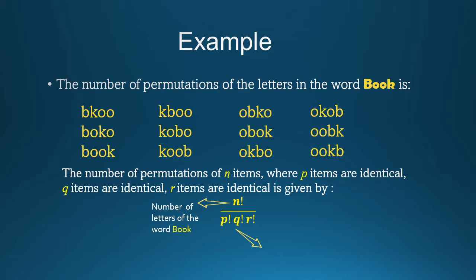P, Q, R: P represents how many times B is repeated, Q how many times O is repeated, and R how many times K is repeated. Therefore, plug in the numbers in the formula. And notice in the bottom we have 1 factorial times 2 factorial times 1 factorial, which gives 12.